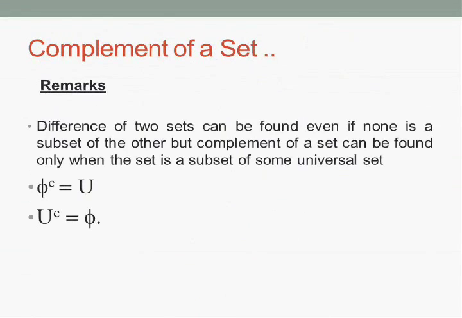Difference of two sets can be found even if neither is a subset of the other, but complement of a set can be found only when the set is a subset of some universal set. It is obvious that complement of a null set is the entire universal set. Its converse is also true. Complement of a universal set is the null set.